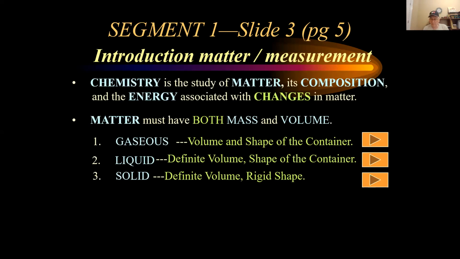Each one is a particle. Each particle is different from each other particle. For example, hydrogen atoms are different from oxygen or nitrogen or carbon or copper or nickel. Each one of them has its own individual type of atom, but they all exist as atoms, particles. Matter is particulate.